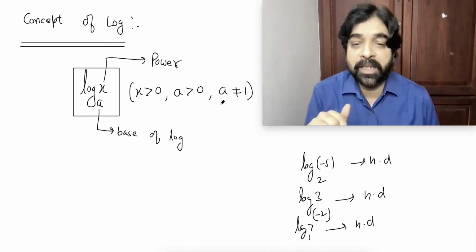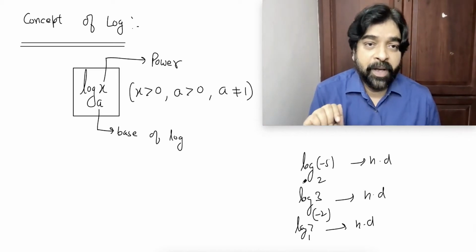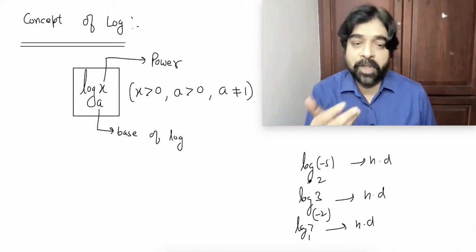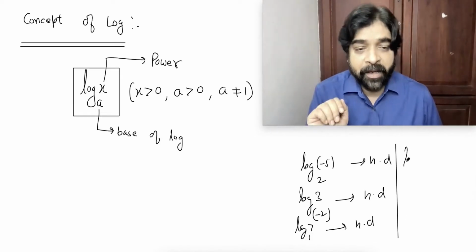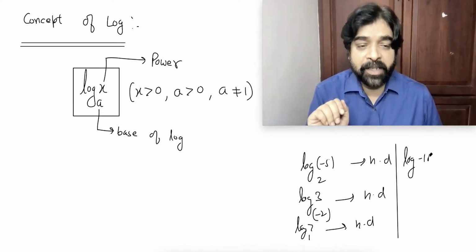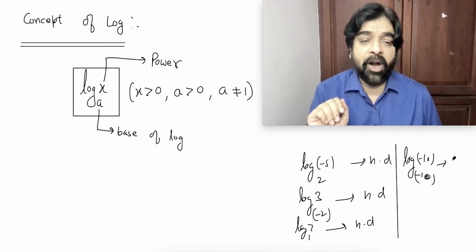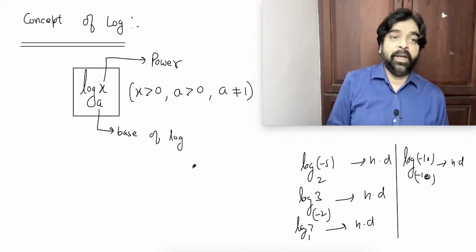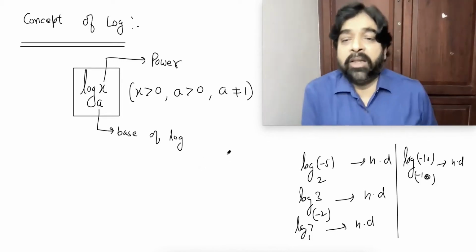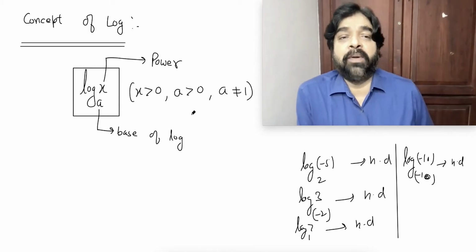Why? Because this condition fails. All conditions should be true, then only it will be defined, otherwise it will not be defined. If I say log minus 10 base minus 10, I will simply say not defined. Here two conditions fail.